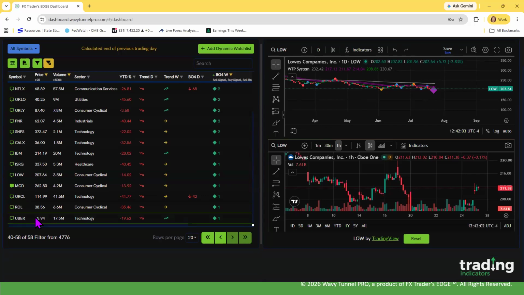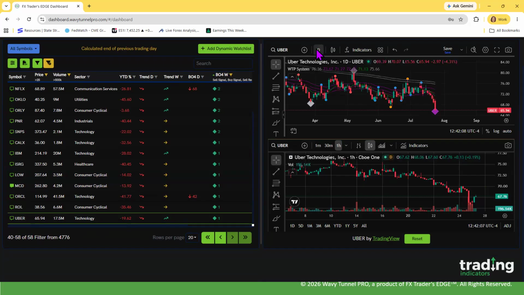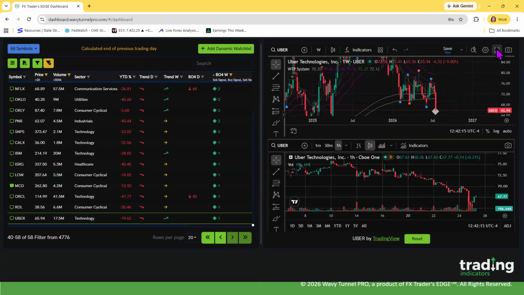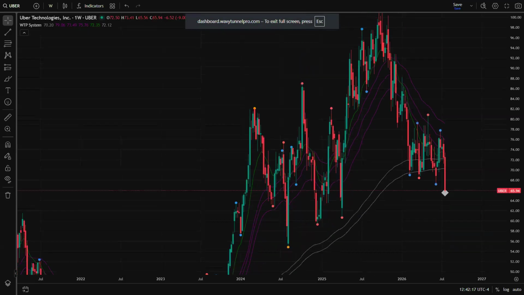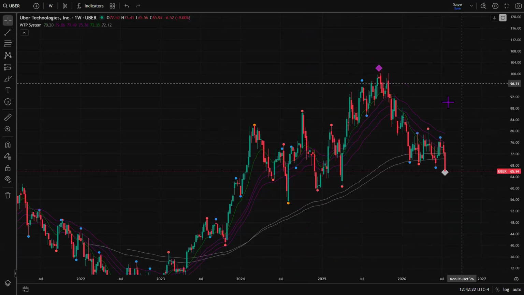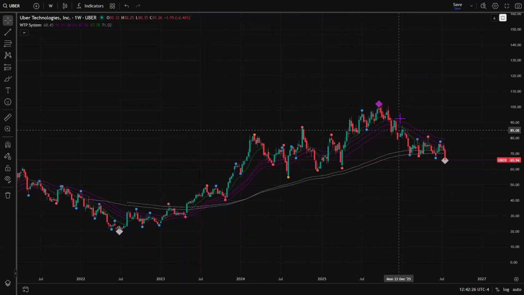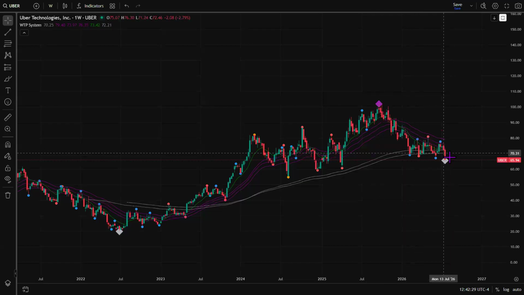Uber. Yeah, this is a nice uptrend and a nice correction down. I would put this on the watch list, and we would want to close above the filter.